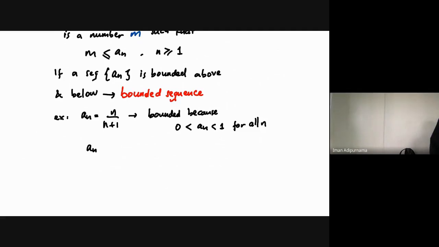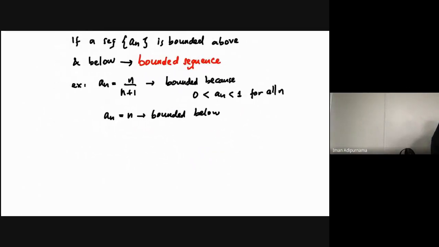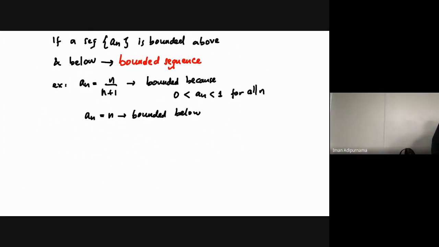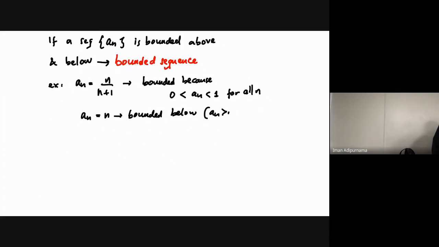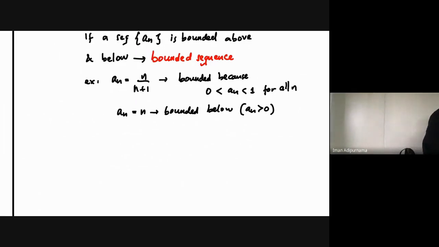And a_n equals n is also bounded, but it's bounded below only. The other one is bounded above, and this is bounded below, because a_n is greater than 0. So it will be bounded at the 0 level.